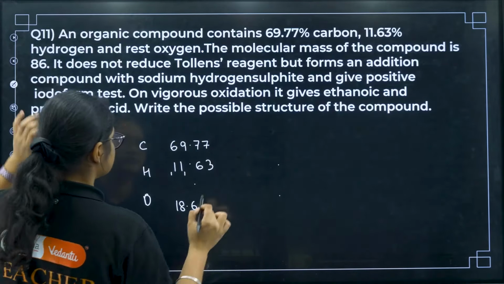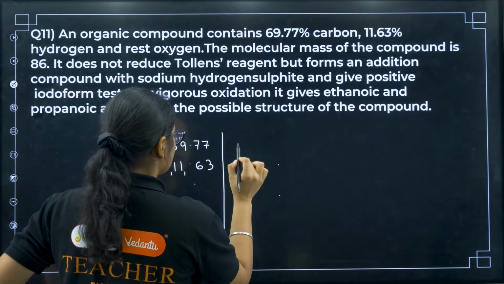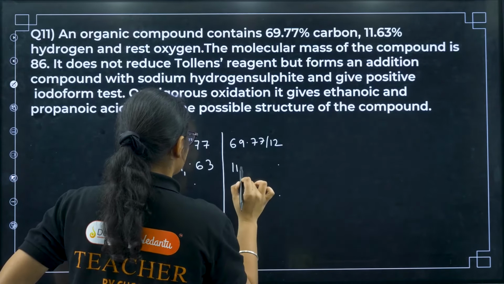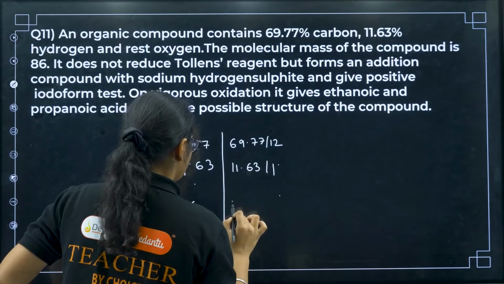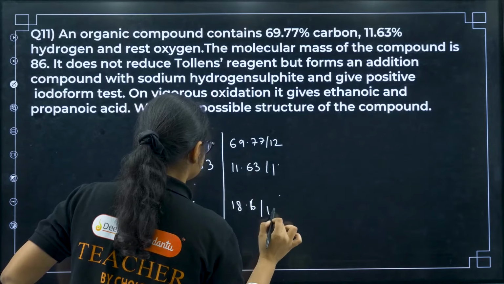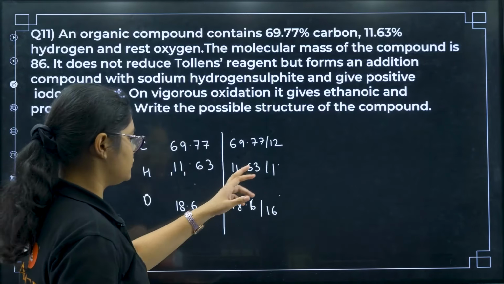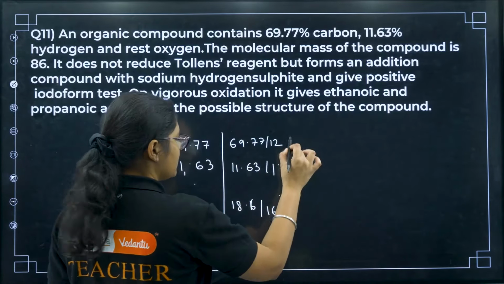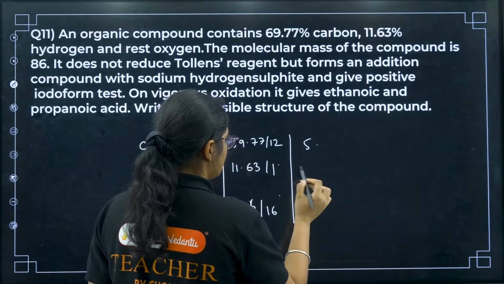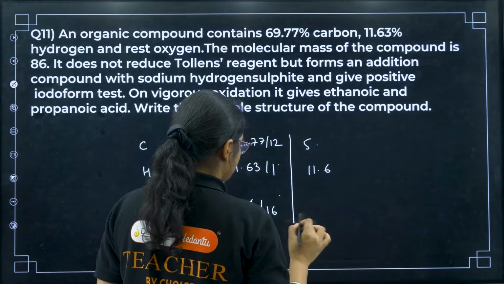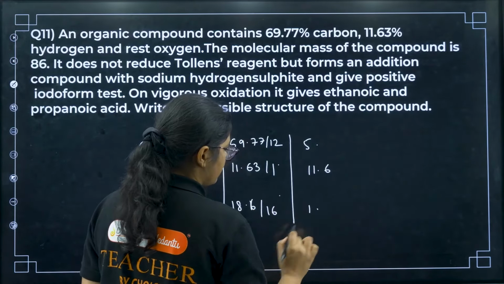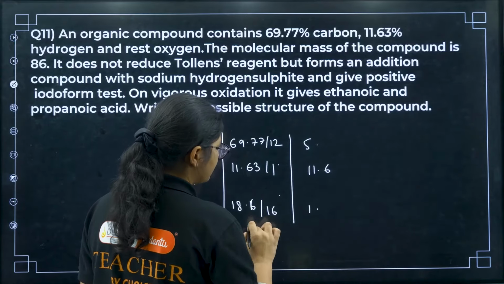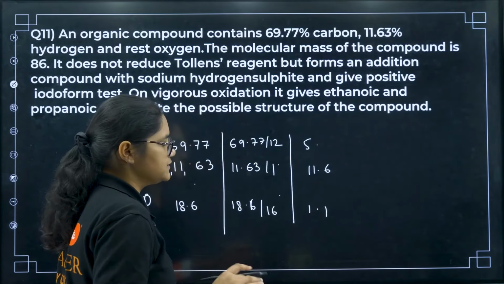So these are the percentages. What is the number of moles? 69.77 by 12, 11.63 by 1, 18.6 by 16. I am doing a rough calculation: 5 point something for carbon, 11.63 for hydrogen, and 1 point something for oxygen.